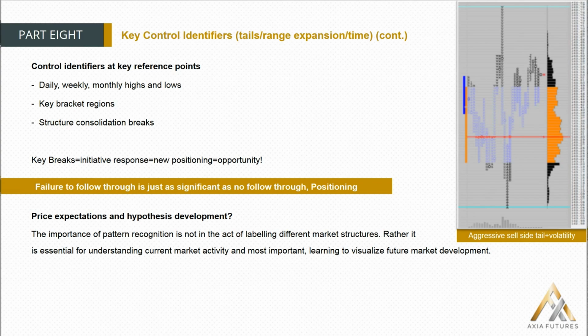So that is why we pay close attention to the various control variables around key reference points. Now note, as we've said there, failure to follow through is just as significant as follow through. So if you're a momentum trader and you've got a lot of momentum patterns, don't always analyze it from one side.